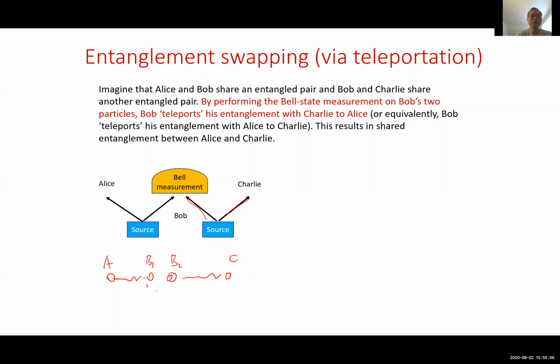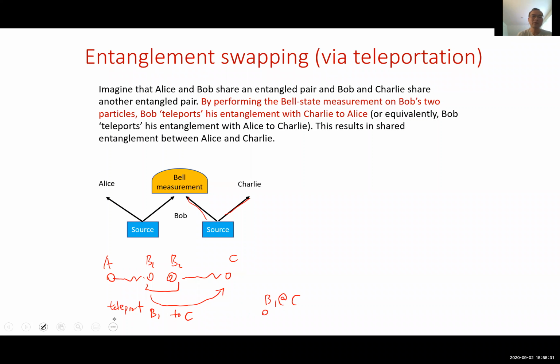If I perform the measurement here and then relay the information to Bob, I'm teleporting B1 to C, in some sense. Whatever B1 has would appear here at the C location.